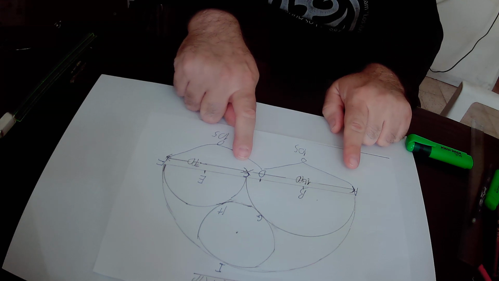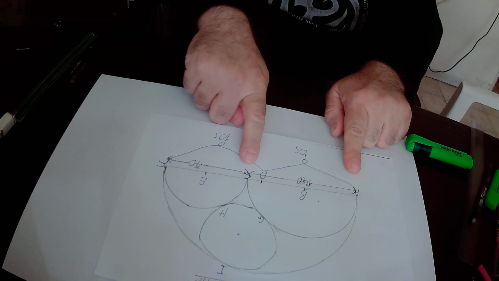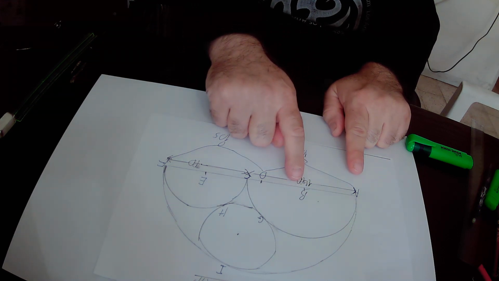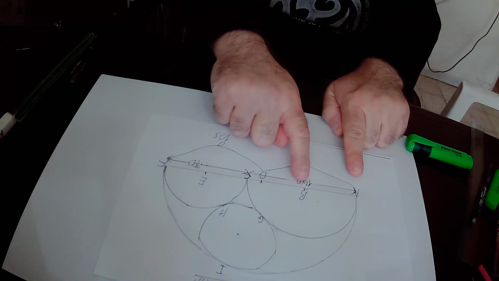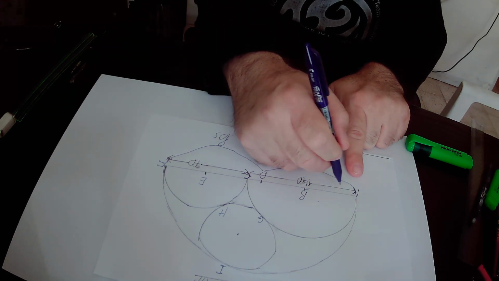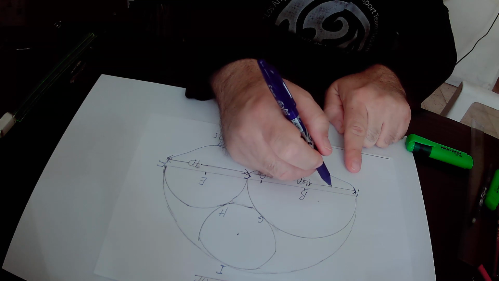So, if the diameter of this semicircle equals 140 units, it means that the radius of this semicircle will be equal to half of it. 140 over 2 is 70. So AB, that is the radius of this semicircle, equals 70 units.